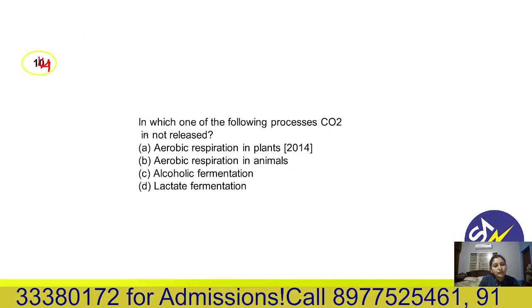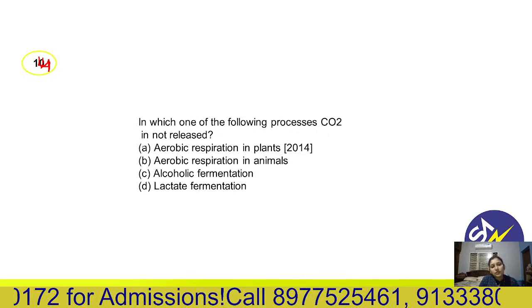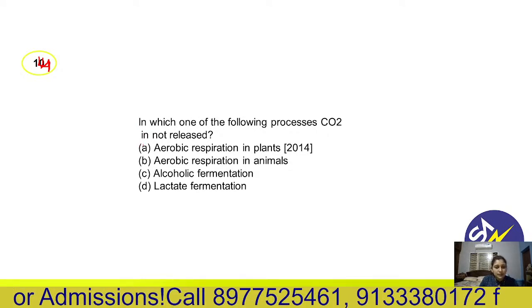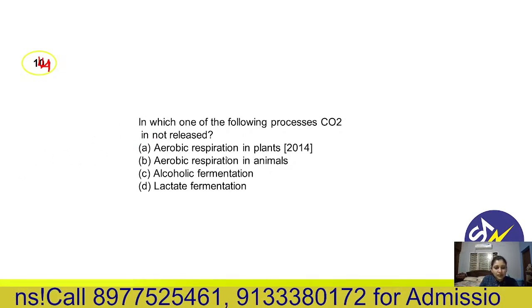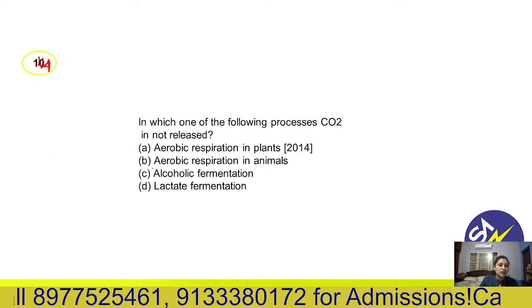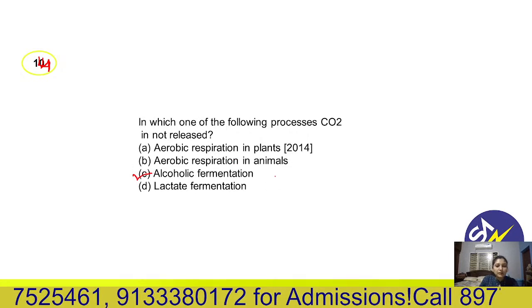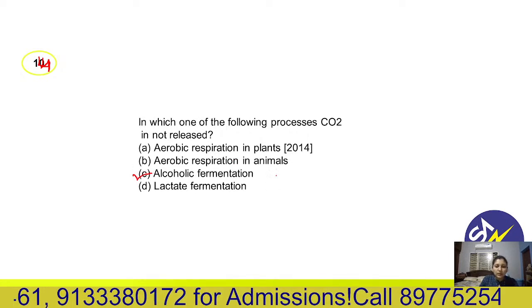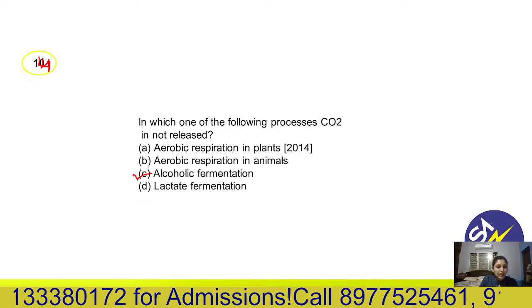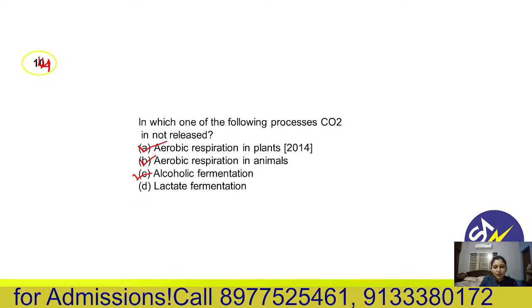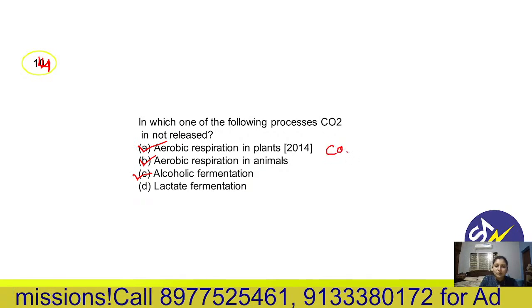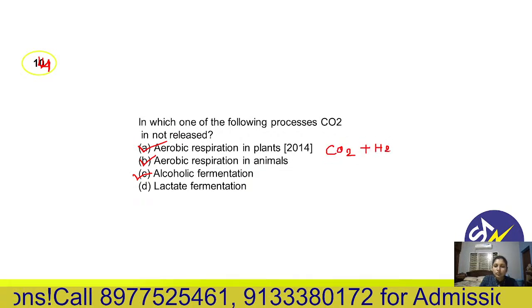14th one. In which one of the following processes is CO2 not released? See, in alcohol fermentation, one of the products along with ethanol is carbon dioxide. Aerobic respiration in animals and in plants results in the production of CO2 and H2O.